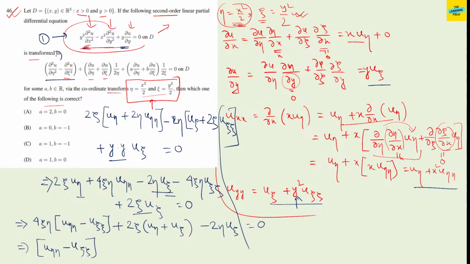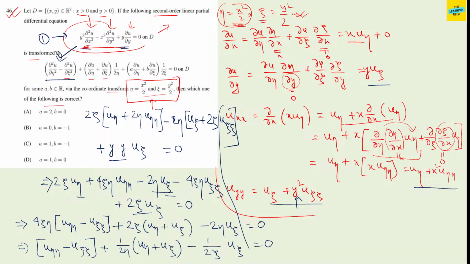See, this term comes plus 1 by 2η into u_ξ plus u_η minus 1 by 2ξ u_η. This is equal to 0.